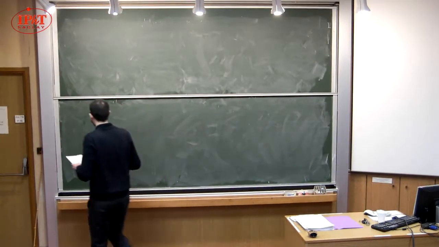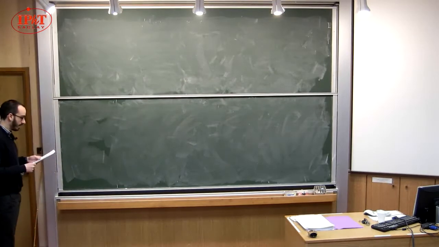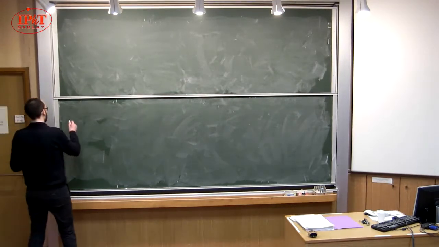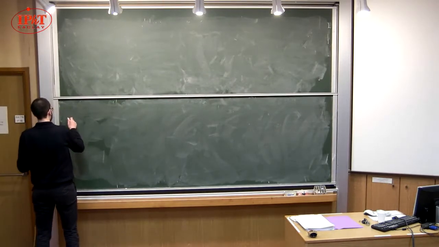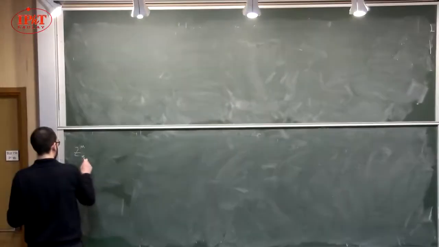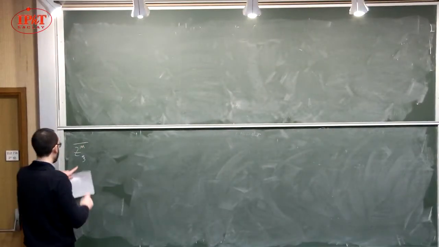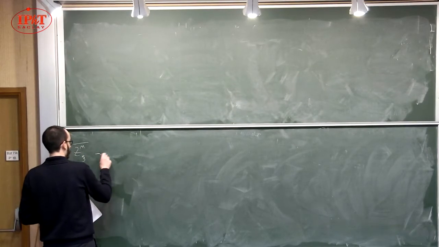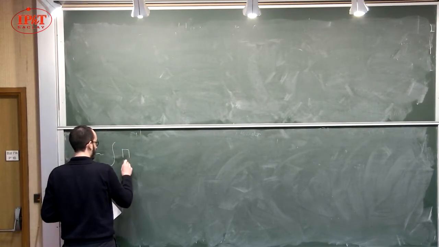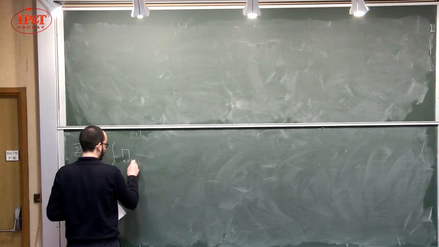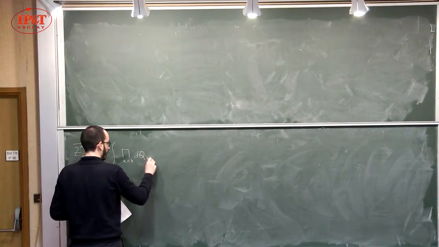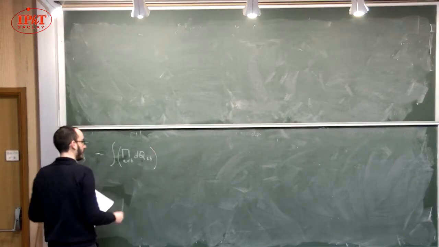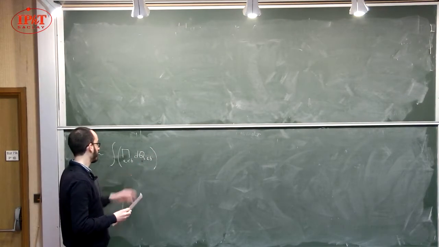Okay, so let me just make a brief recap of what we have done last lecture. So what we obtained is that this object, the average of the replicated partition function, can be written in terms of an integral over a matrix, an n times n matrix.